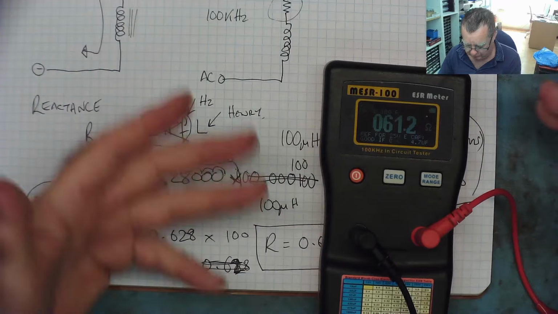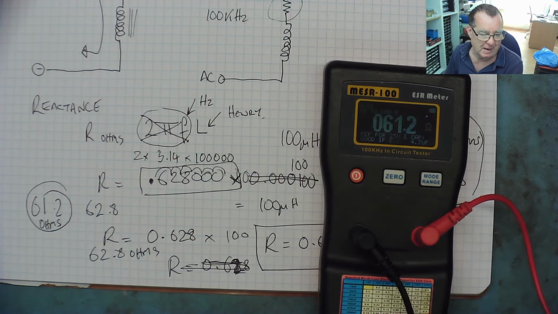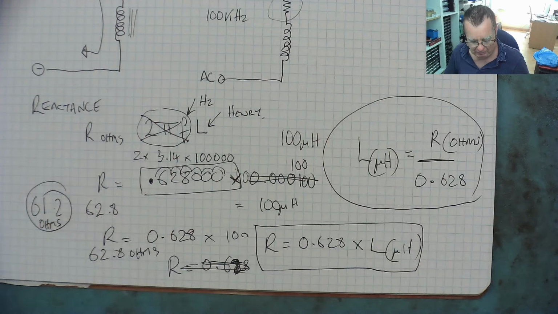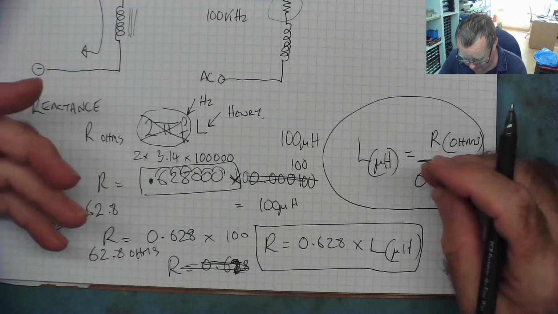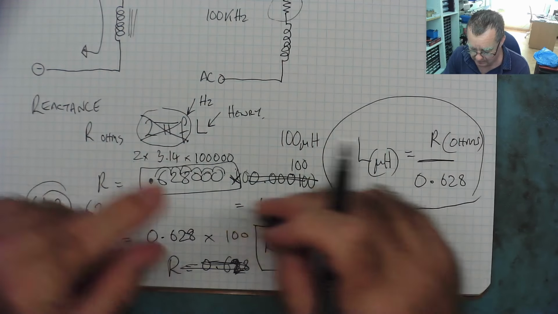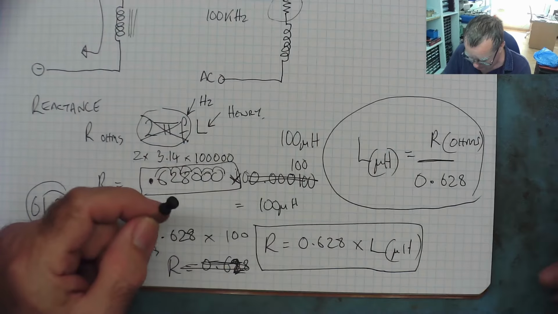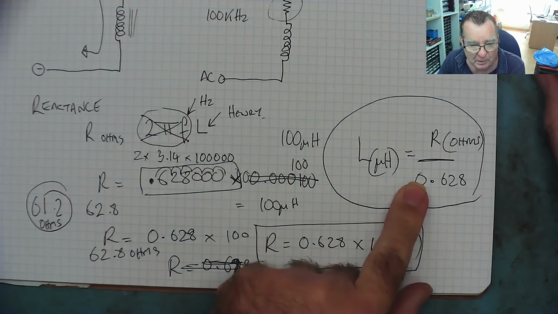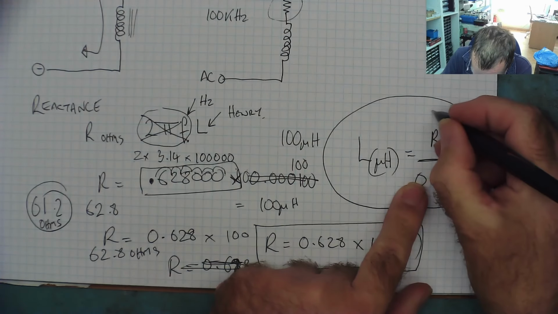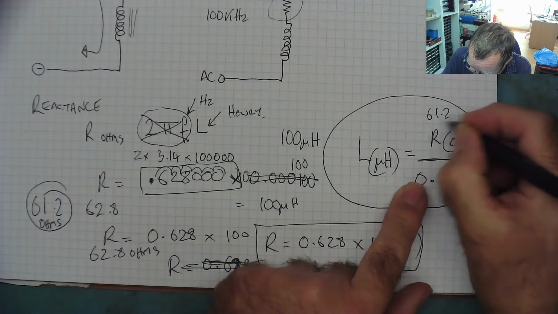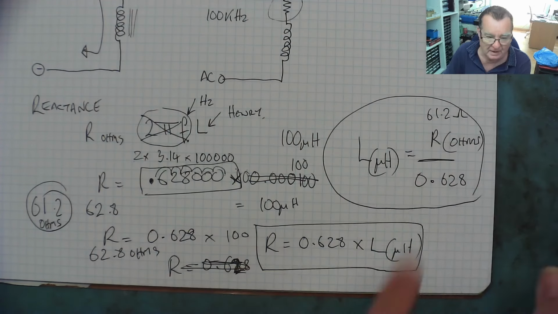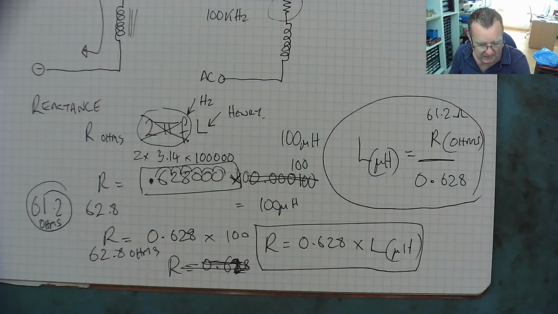So our inductor is reading a little bit less than expected, but they're not going to be that accurate, are they? So it's about right. So what value is this according to our meter, if our meter is correct? R is, we've measured it, 61.2 ohms, divide it by 0.628. Let's see what we get.